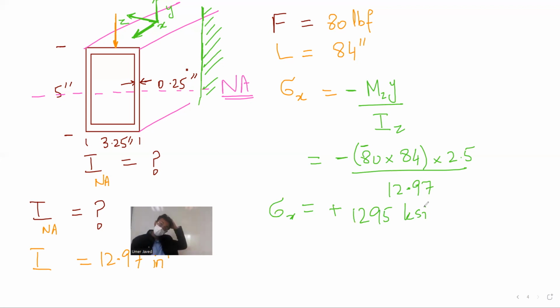So this is a negative sign. Excellent class, by the way. Mz is negative 80 into 84 pound inches.